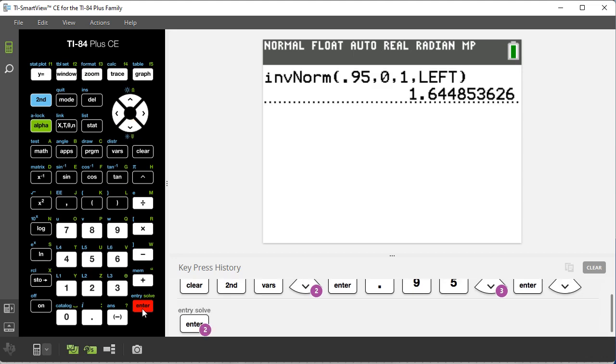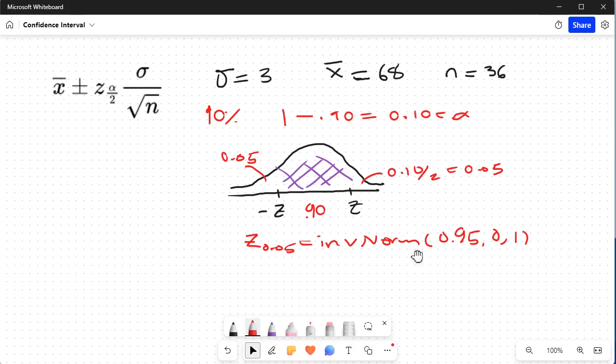It tells us that the critical value we're going to use is approximately equal to 1.645.